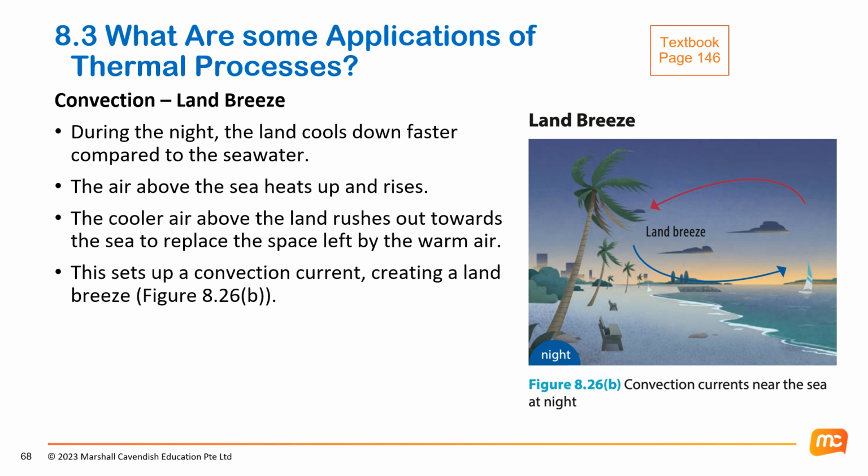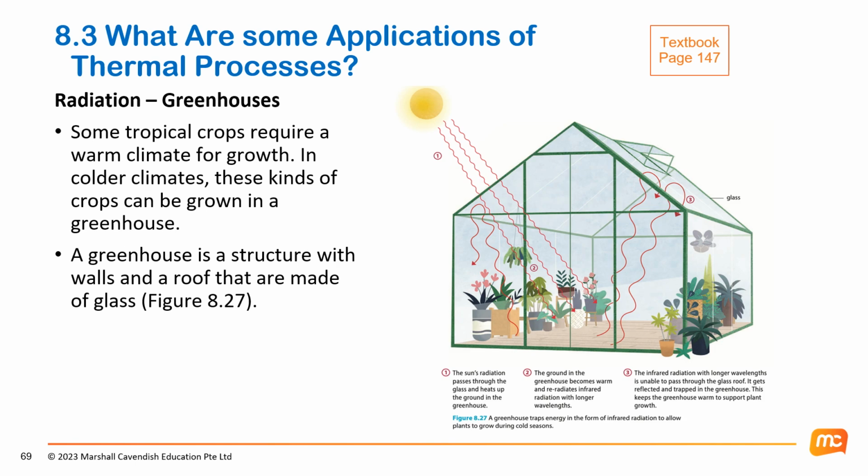And after it goes above the warmer water, it will heat up, rise, and repeat this process again. So you typically get land breezes after sunset and sea breezes just after sunrise.